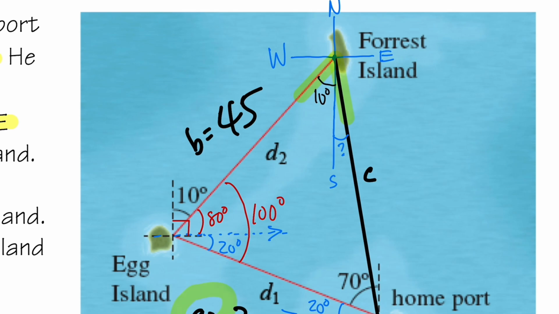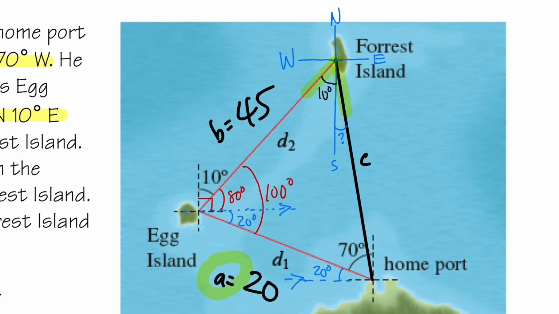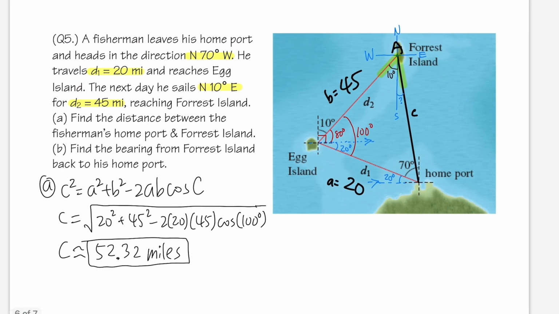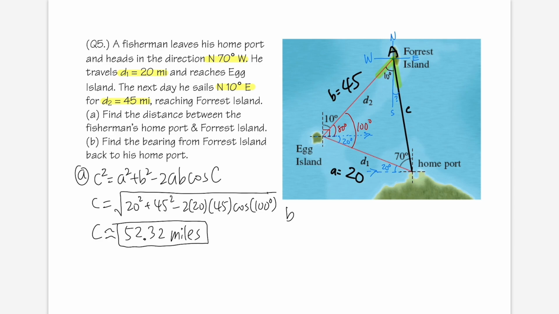Earlier, this part right here is little a, so I'll use capital A for that. So let me just write that down. We have capital A here. And let's go ahead and use law of sine. So this is part B. Sine A over little a is equal to sine capital C over little c.